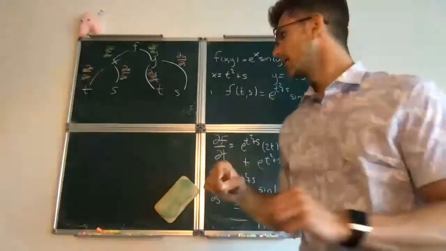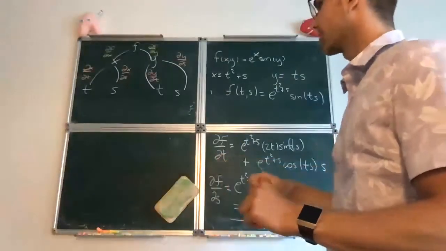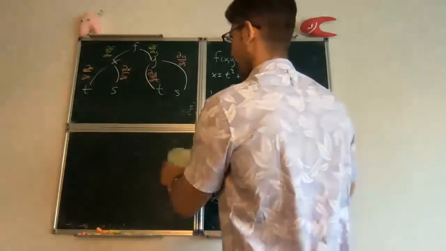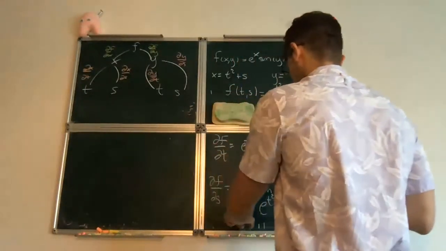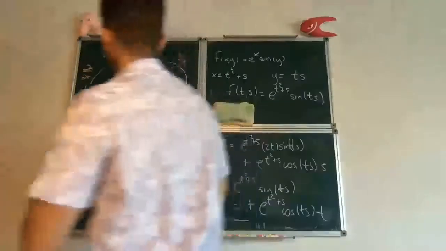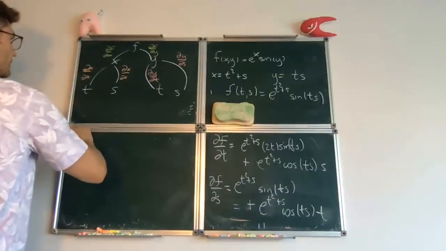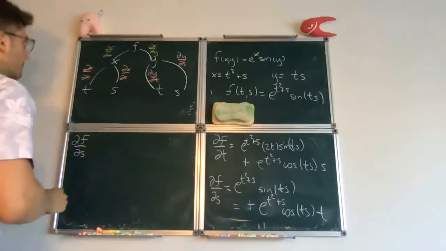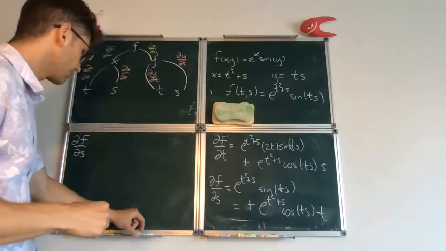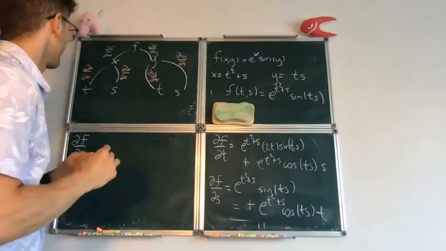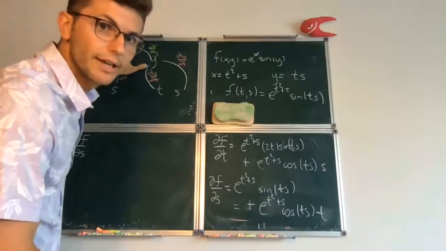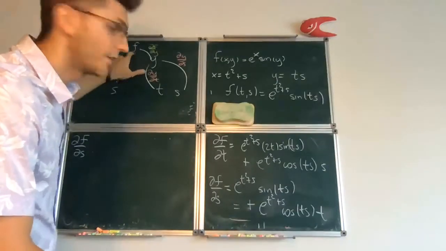Okay? And so, if you are interested in the partial derivative of f with respect to s, then you need to look at all the possible ways that you can start at f and end up at s.